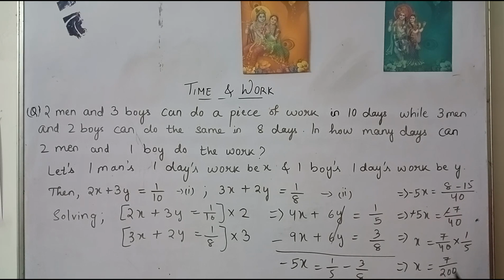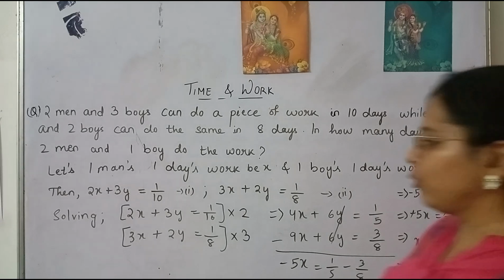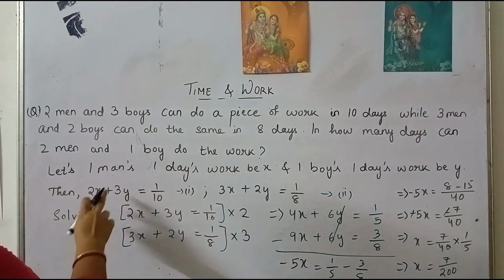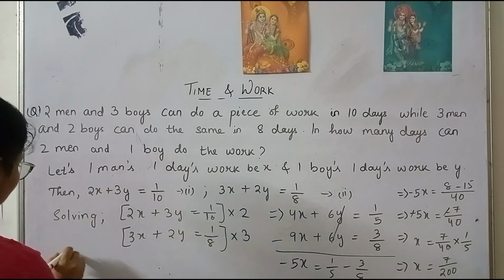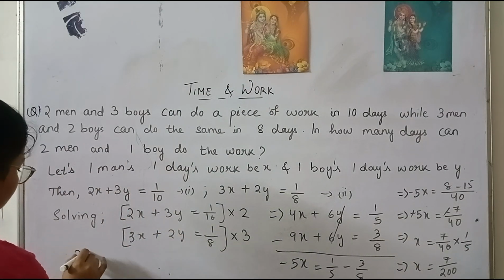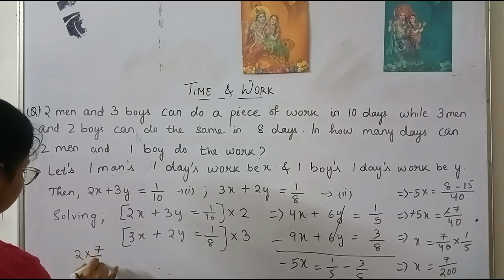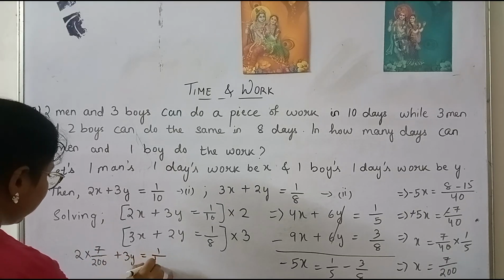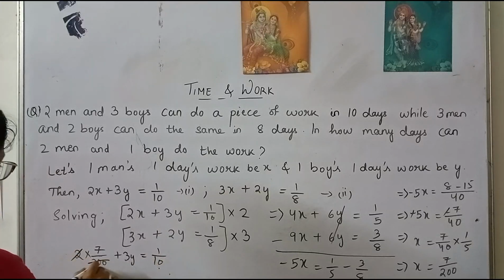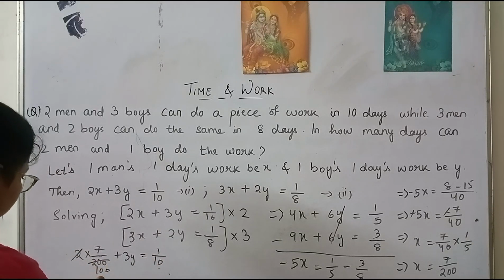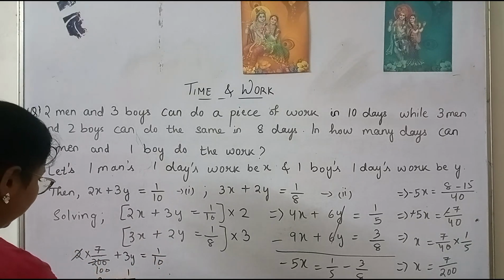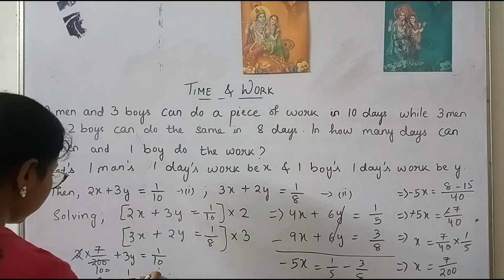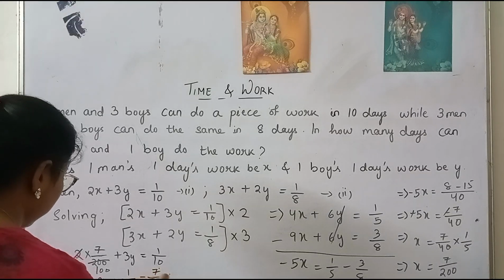Now by taking x's value, we can find out y's value. So let me put x value in the first equation: 2 into 7 by 200 plus 3y is equal to 1 by 10. So 3y is equal to 1 by 10 minus 7 by 100.